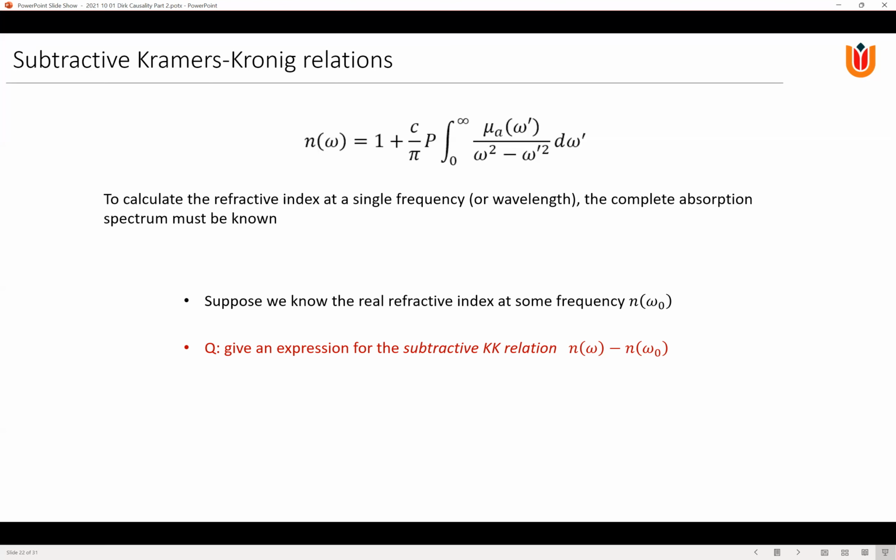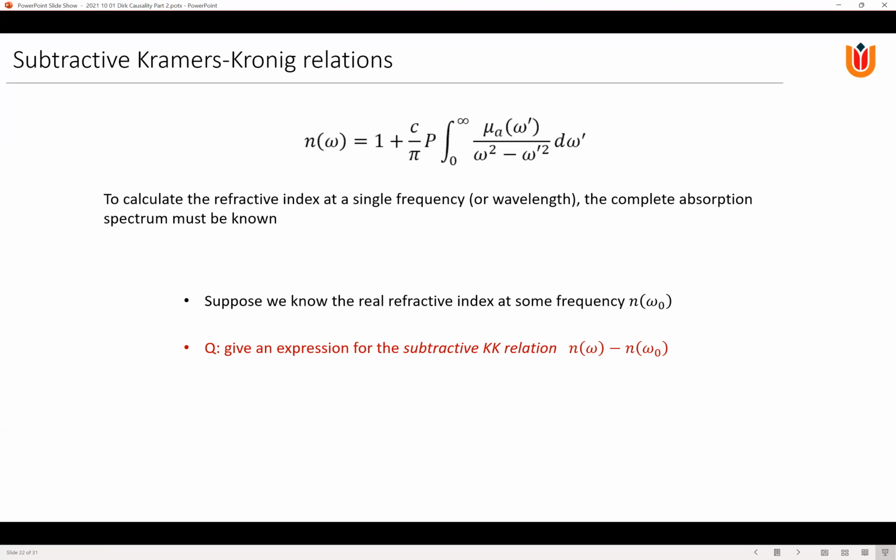Of course, that's right. That's what you do, and the next step would then be to write an expression for n of omega minus n of omega 0. You will use the 1 at the beginning, and then inside the integral you will have the subtraction between the two fractions.